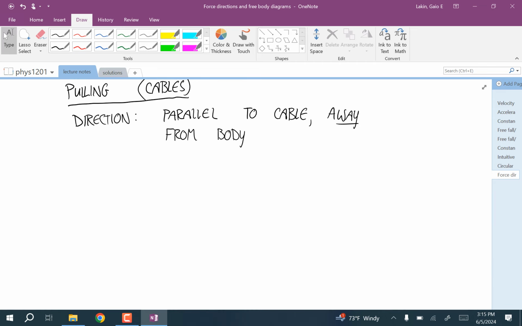Okay, so let's think about this. Let's think of a case where we have a ramp and a cable that goes over a pulley, and we have a rolling cart here.